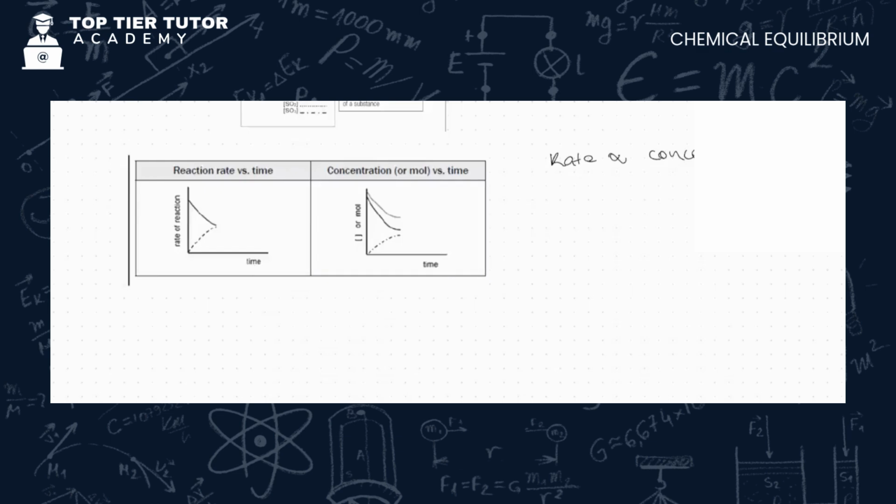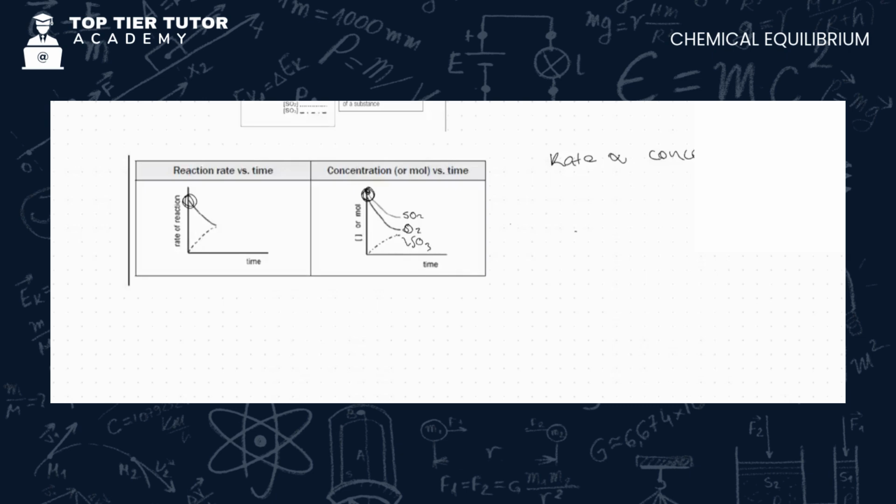Now, if we look at the concentration, this is the concentration of our sulfur dioxide. That is the concentration of our oxygen. And this there is the concentration of our sulfur trioxide. Now, for the forward reaction, we have a high concentration of both the reactants. So therefore, we will start with a high rate of reaction.